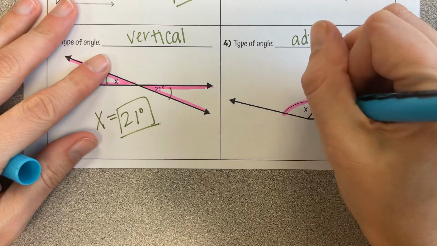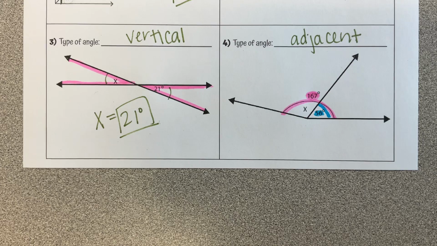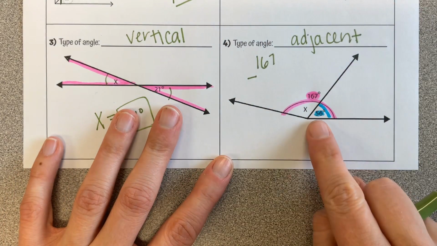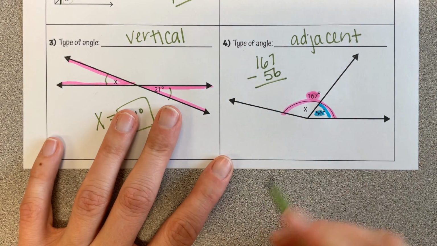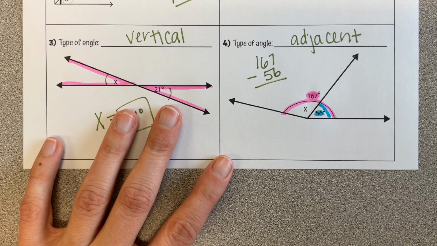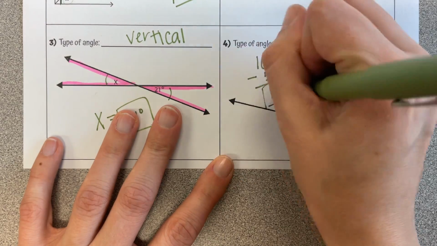We are also given that this part of it is 56 degrees. So I can take the total of 167 and subtract our other angle of 56. Well, 167 minus 50 is 117. Minus 6 is 111 degrees.